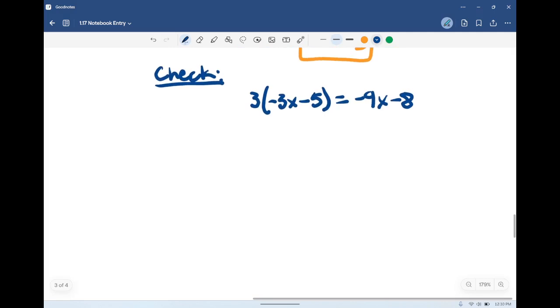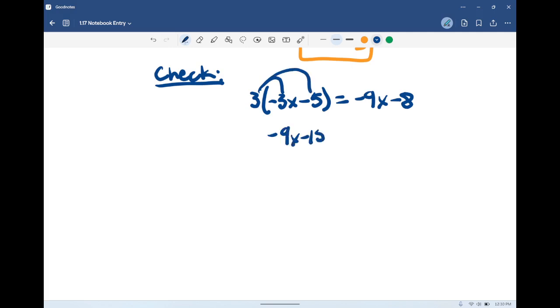And so now I am just going to work this like a normal equation. Distribute negative 9x minus 15 is equal to negative 9x minus 8. Now, yes, I know that at this point I can actually see my coefficients are the same and my constants are different, but I want to be super clear. I'm going to add 9x to both sides.